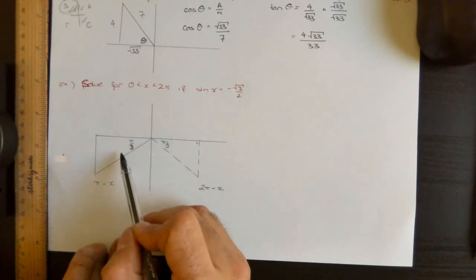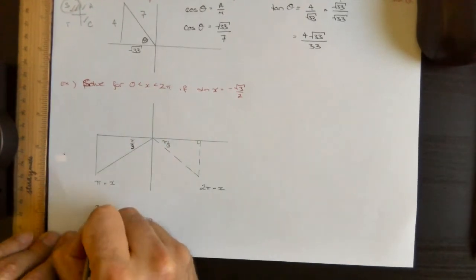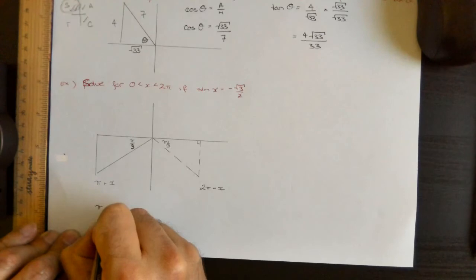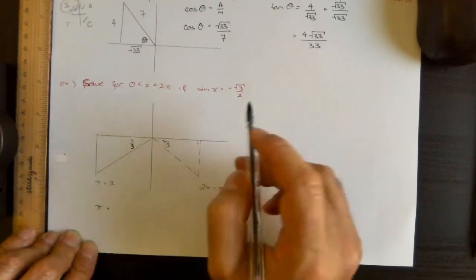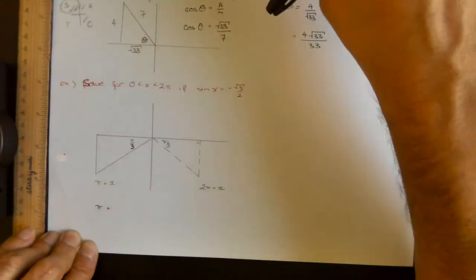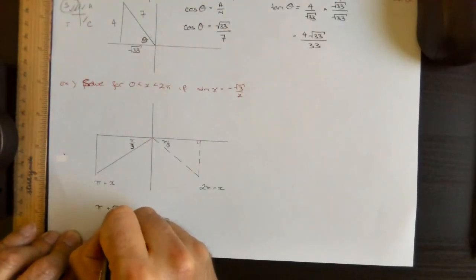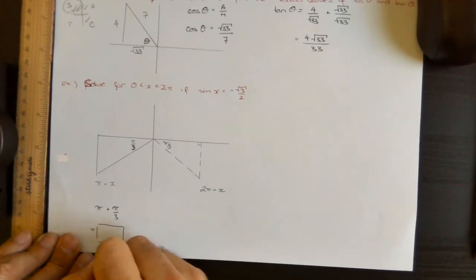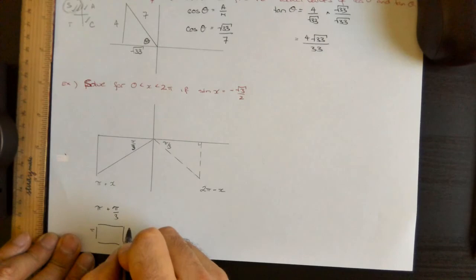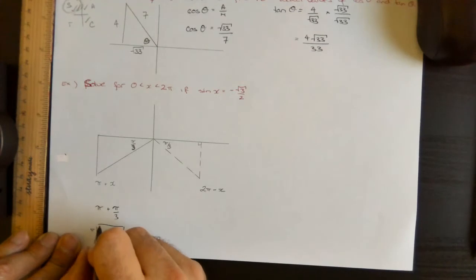It happens here when it's going to be pi plus 60, which is pi on 3. So the solution for this part is 4 pi on 3.